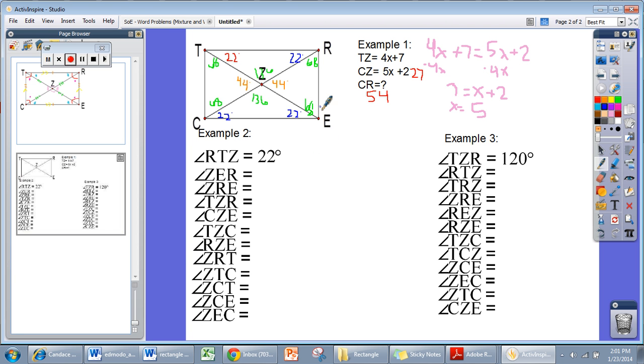ZER is 68. ZRE is 68. TZR is 136. Let's see, CZE, also 136.